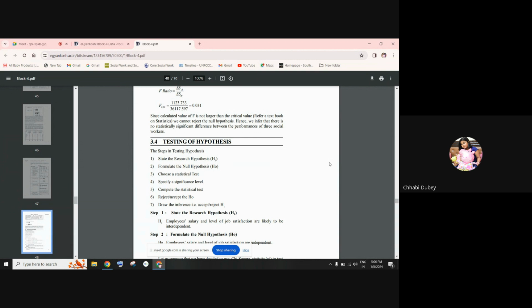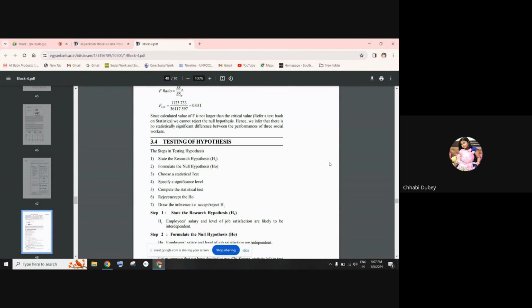Accordingly, depending upon the choice of variables, the number of variables, we are going to choose a statistical test. Whatever statistical tests we have seen till now, we are going to choose the appropriate statistical test depending upon the research design and the objectives, as well as the variables. We are going to specify a significance level.